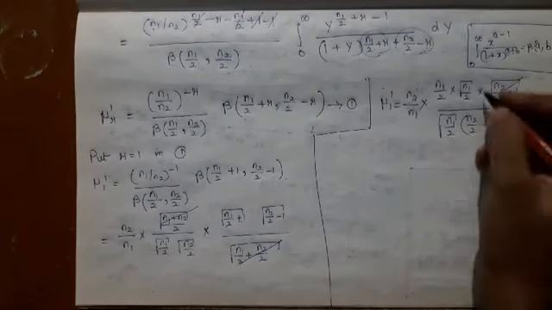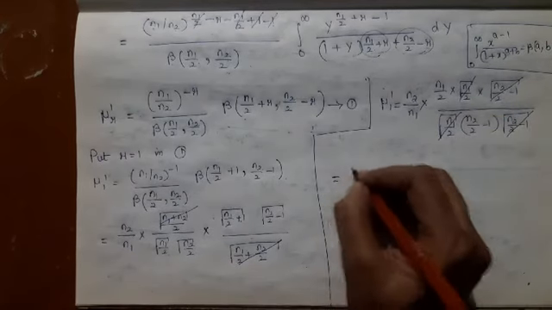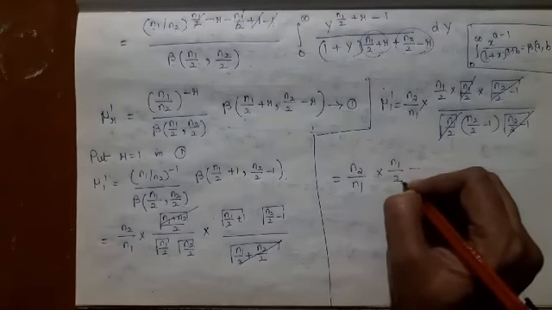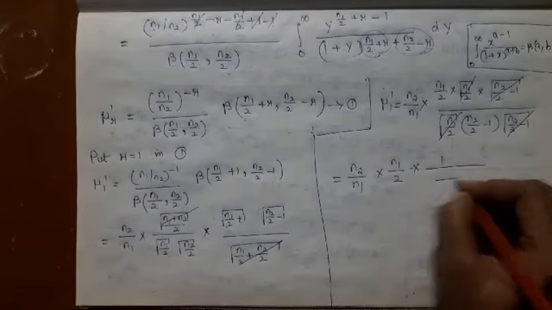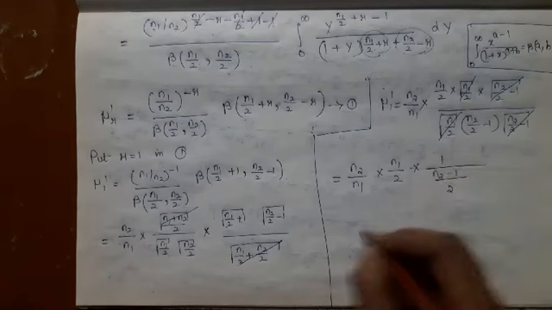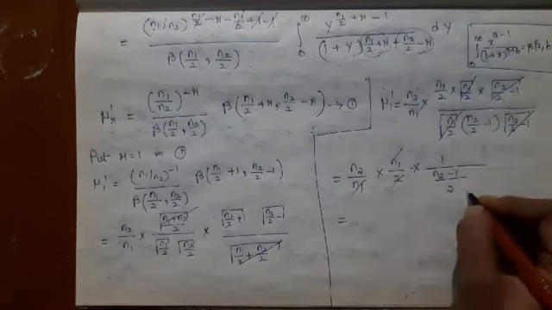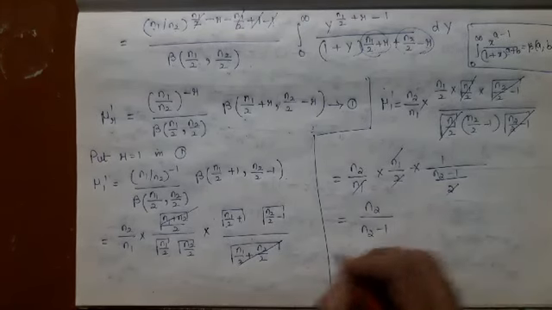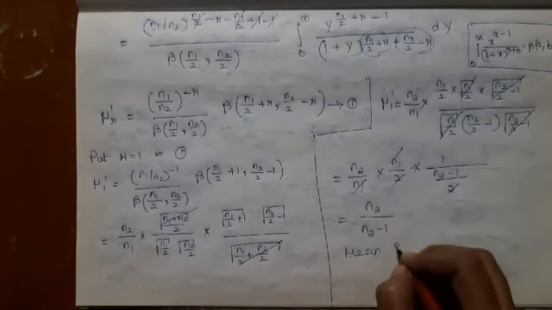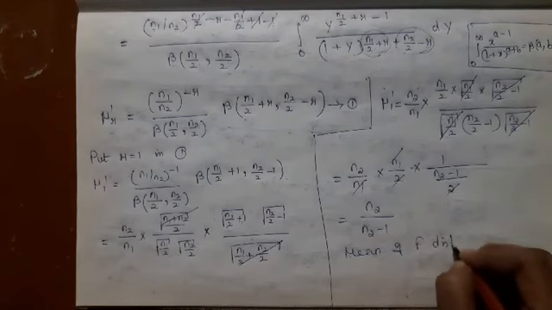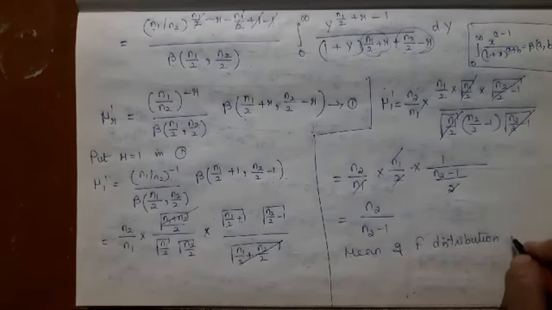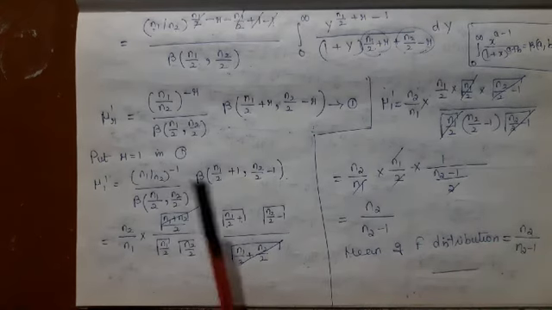So this gets cancelled, this gets cancelled. So you have n2/n1 into n1/2 into 1 by (n2 - 1)/2, taking 2 as the LCM, so you have n2/(n2 - 1) as the mean of the F distribution. Similarly, if you put r equal to 2 here, you will get μ2', from which you can derive the variance also. Okay, thank you.